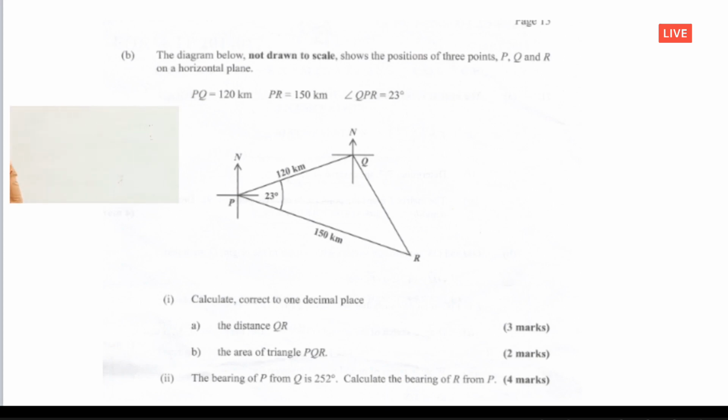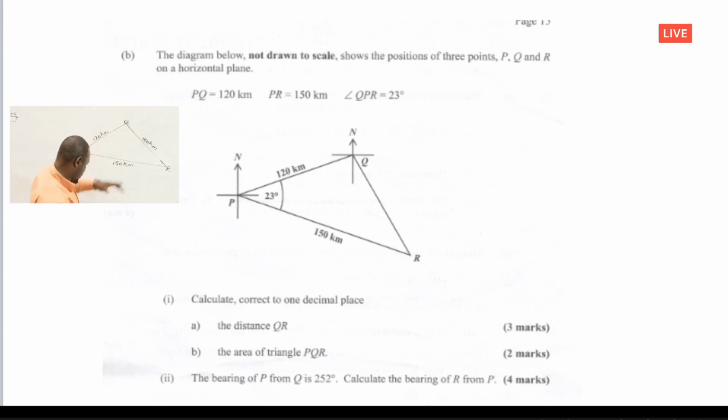So we have 3 points on a horizontal plane, P, Q and R. Now PQ is 120 kilometers, and QR is 150 kilometers.